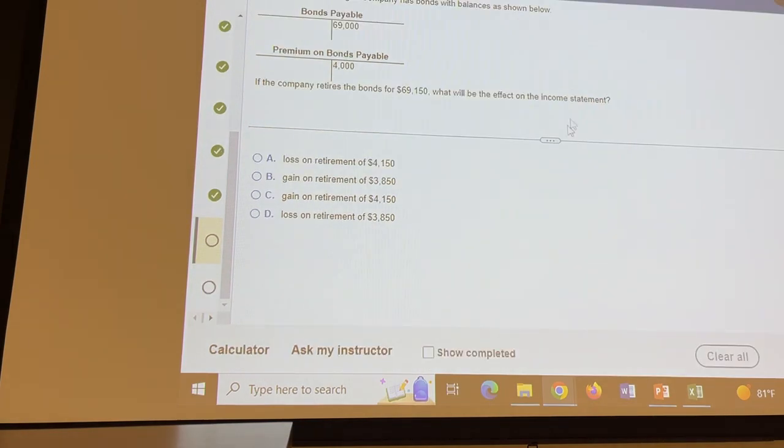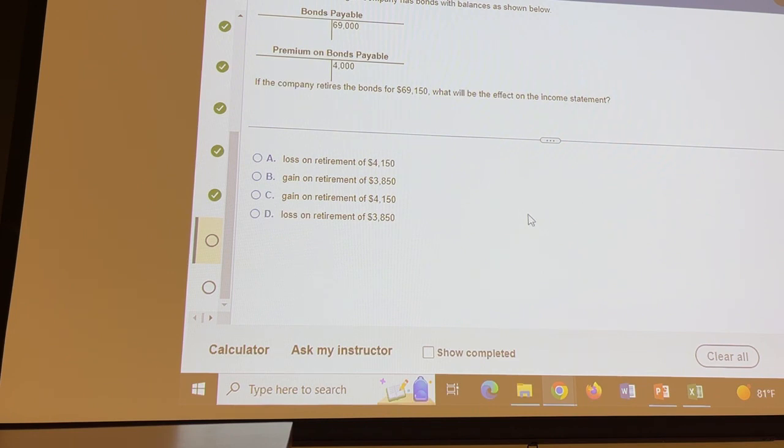So what you do if there's a gain or loss on retirement, you compare what the carrying value is at the time of the retirement to what you have to actually pay out in cash to retire the bonds.